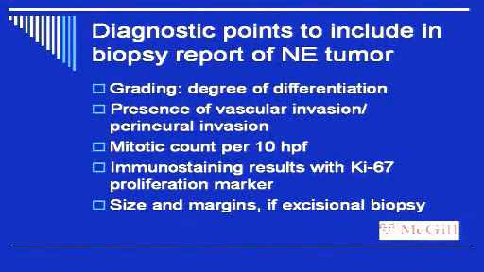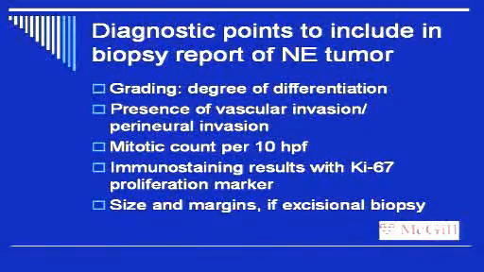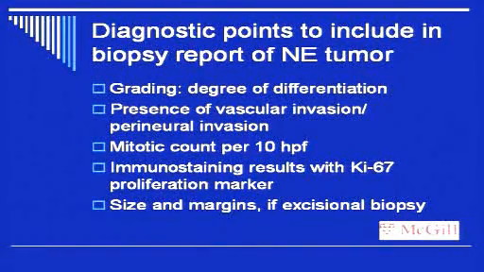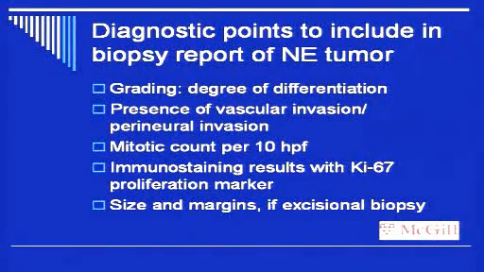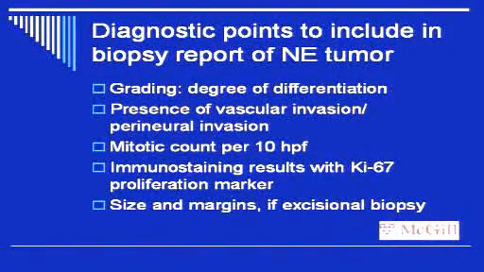The second thing would be the presence of vascular invasion or perineural invasion, if that is present. Usually the vessels that we see that have invasion are the smaller thin wall vessels like the veins or the lymphatics. So these are the vessels that we are usually evaluating.